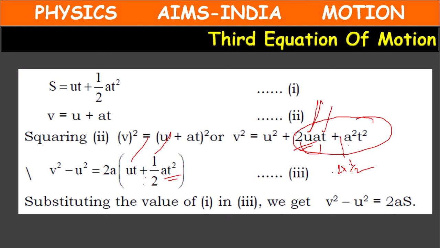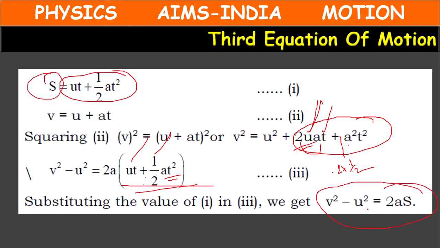So ut plus half at square, and ut plus half at square is known as s. In the place of this, we can keep s. In this way also we can derive the third equation of motion formula.